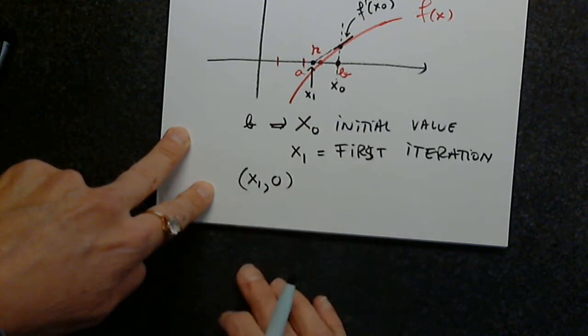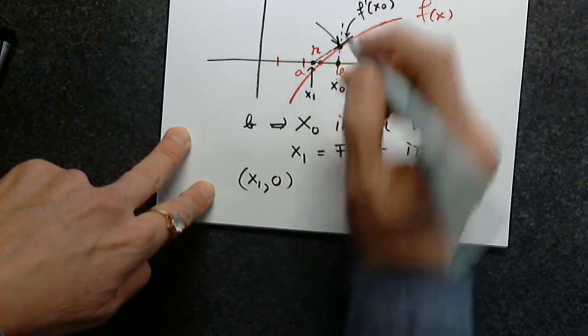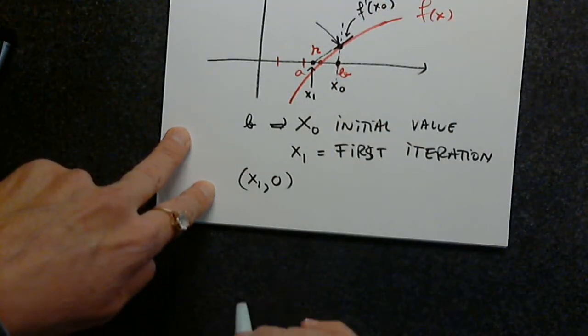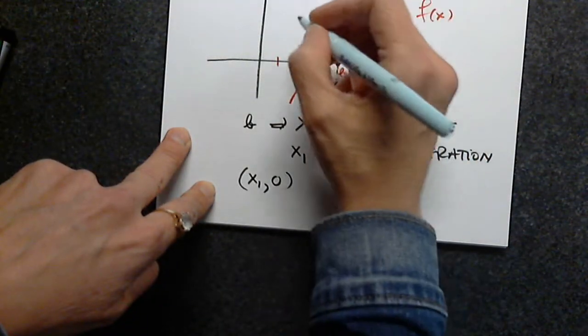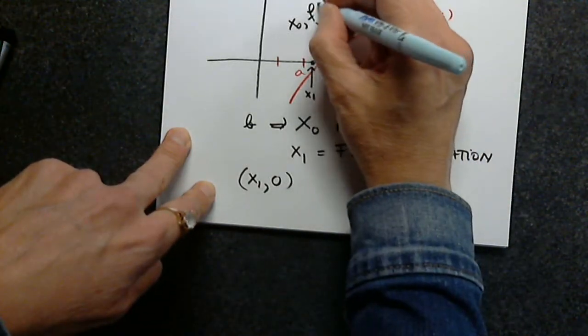Very good. Can anyone give us the coordinates of this point? x0, comma, f of x0.